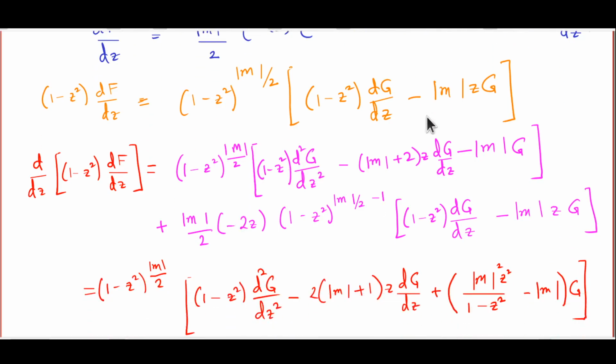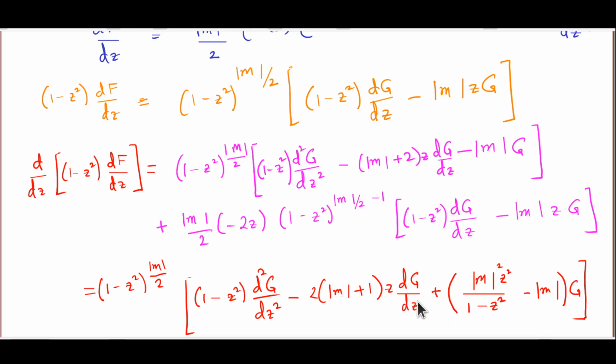That of course gives rise to this piece here. This gets modified a bit because you also get another minus mod m z times dg dz term from this piece. Remember, you have taken the 1 minus z squared to the mod m by 2 already out common, and this 1 minus z squared here cancels the minus 1 for this piece.